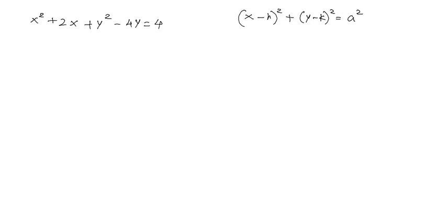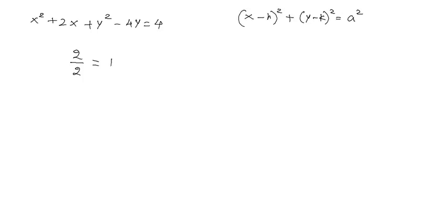To get our equation in this form, first I am going to take the x term, that is 2x. Here the coefficient of x is 2, so first I have to divide this coefficient of x by 2. When I divide 2 by 2, I get 1.